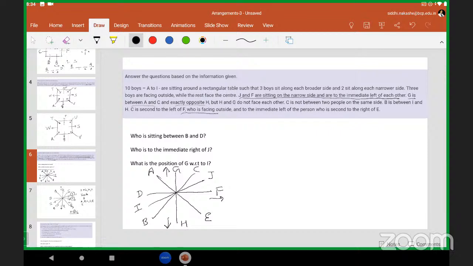Now try to solve this. Have a look at this, and we will arrange them in a rectangular manner. So this was the rectangle: three people over here, two people over here.